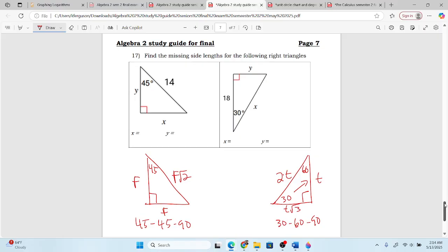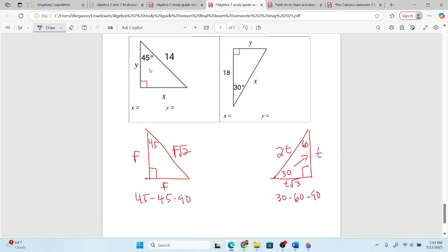So how is that relevant to what we're doing? Well, let's look at what they gave us. They gave us F times the square root of 2 equals, or sorry, not 45, 14. See, there's my 14. It's right here.